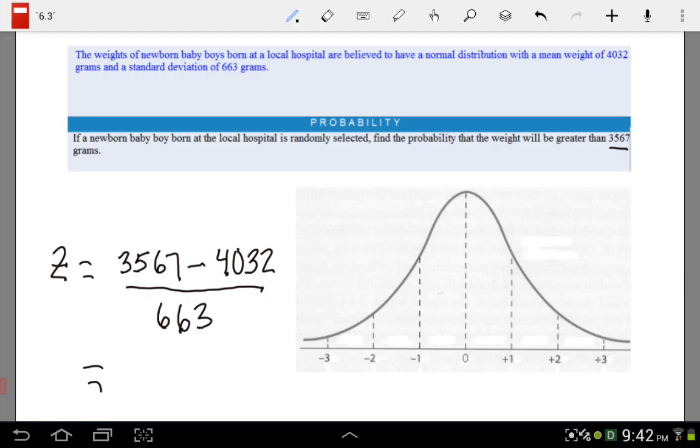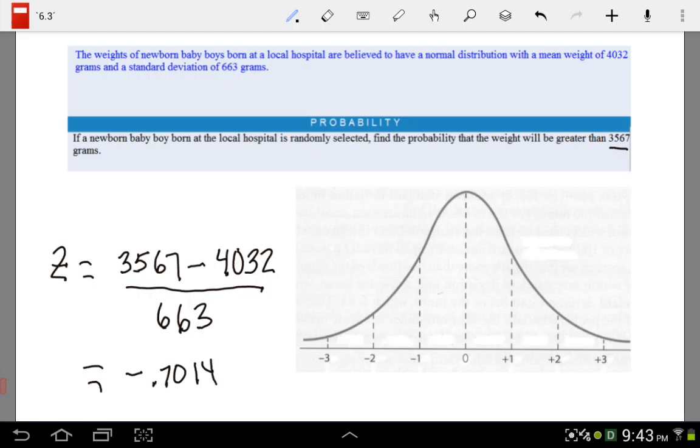I'm going to punch it in. 3567 minus 4032 is negative 465, and then divided by 663 is about negative 0.7014. I rounded off that last decimal place.